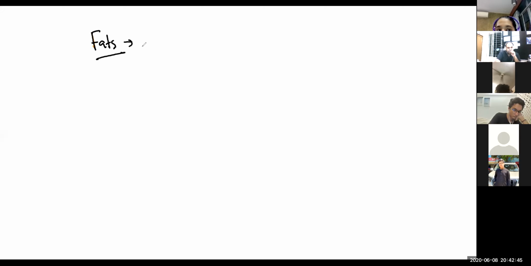What are fats made up of? Lipids. Lipids are made up of fatty acids and glycerol. So fats are made up of lipids. Lipids are made up of fatty acid and glycerol.